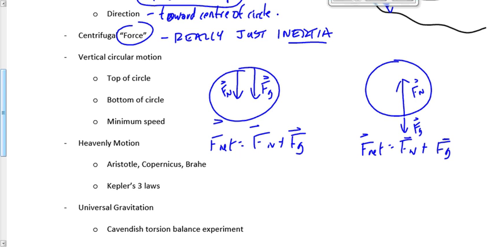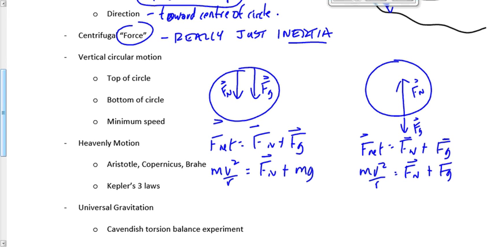Then we set F net equal to usually m times a, but in this case, m times a ends up being the same thing as mv squared over r. And we'll just sub in mg for the force of gravity. Same deal over here. Let's replace Fg again with m times g.